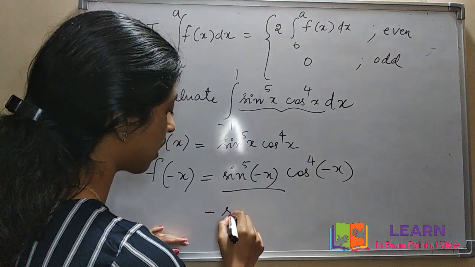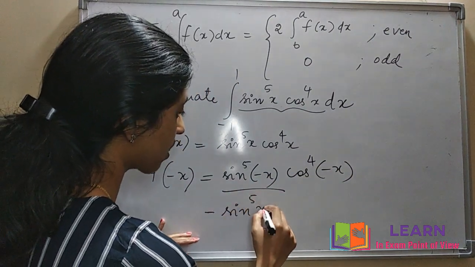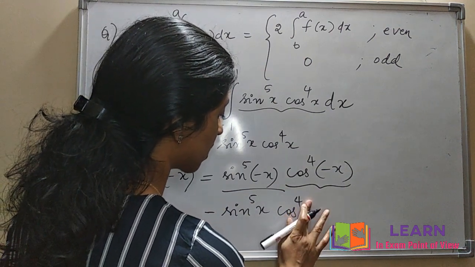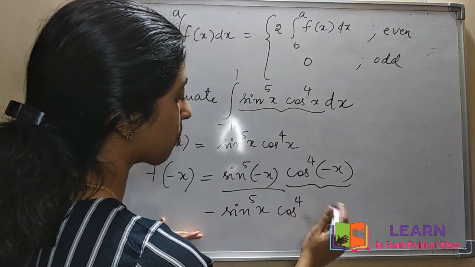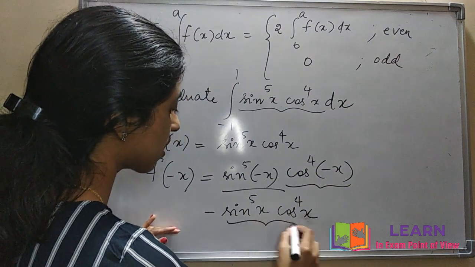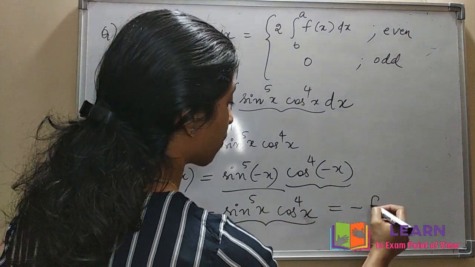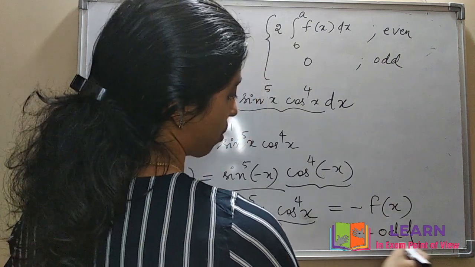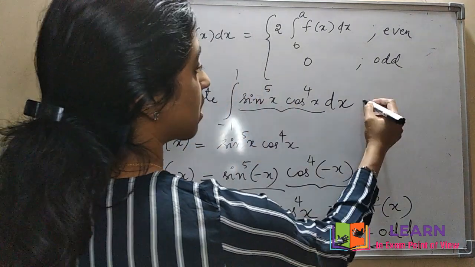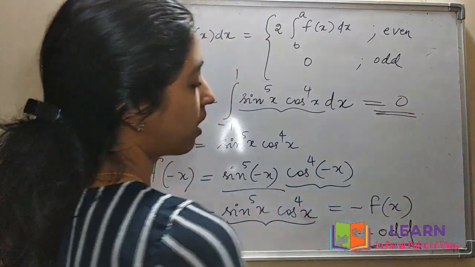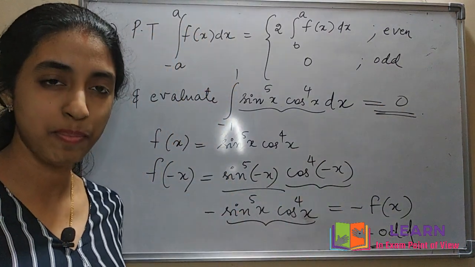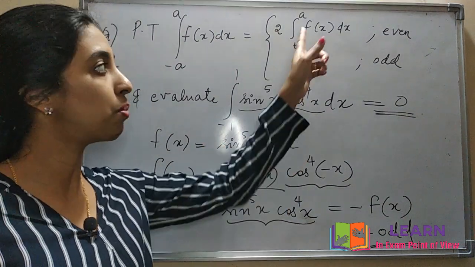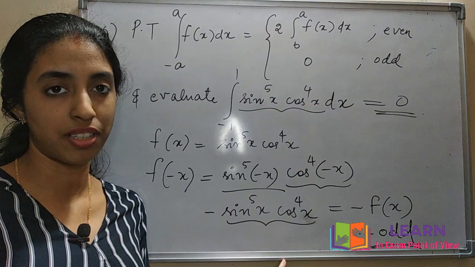Sine of negative x is negative, so sine raised to 5x becomes negative, and cos raised to 4x becomes positive. We are getting negative f of x, which means it is an odd function. Odd function means the answer is directly 0. This type of question you can expect: first you need to prove the property, after that evaluate.